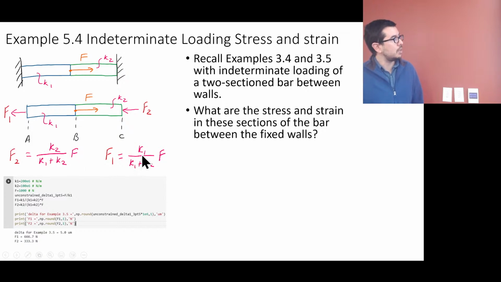So we get K1 over K1 plus K2. This ratio would be close to 1, and it's close to what this force is being applied in the middle. And the same thing was true for this force here. Notice these arrows are in opposite directions. This region is in tension or compression, assuming F is positive.